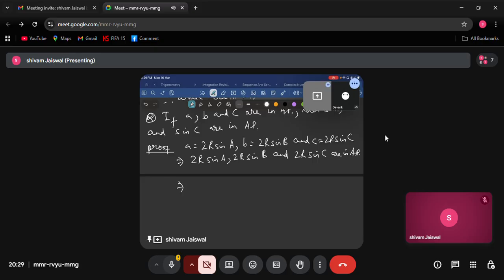If three terms are in AP, then we can divide by a constant, and then also the terms will be in AP. Yes or no? Tell me, everyone. Even if we divide by some constant, they are still in AP. So can I say that sine A, sine B, and sine C are in AP?